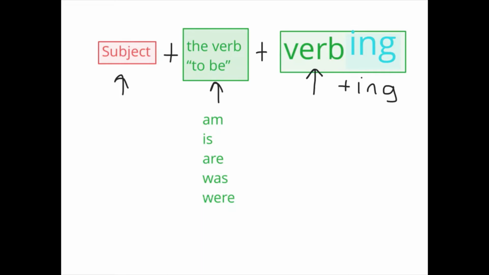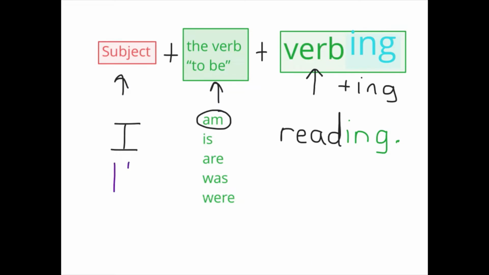So an example could be, my sentence could be about I am, and I choose my action verb to be read, and then I add on ing. I am reading. Or I could choose my subject to be he, and then my verb to be is, he is, and my action verb could be eat.